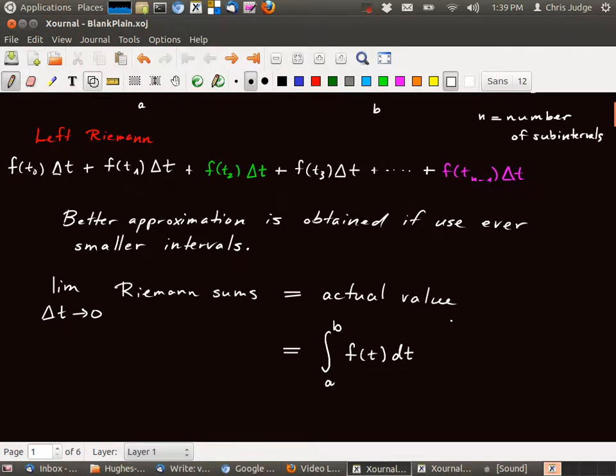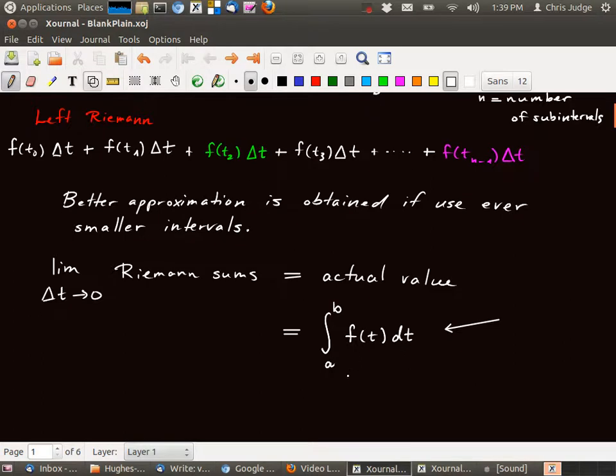Okay, so this is the key point for this section, to realize what this notation means. So let's break it apart. This is supposed to be the limit of the Riemann sums. It's the actual value of the integration problem we're trying to do. It's what we're estimating with Riemann sums.